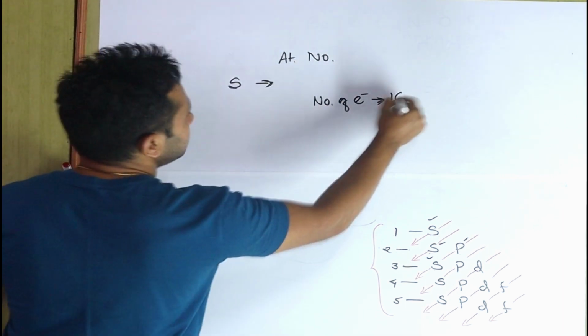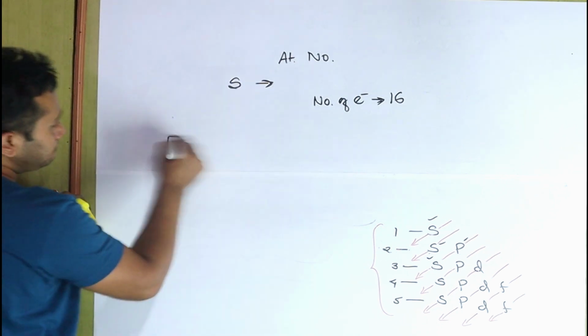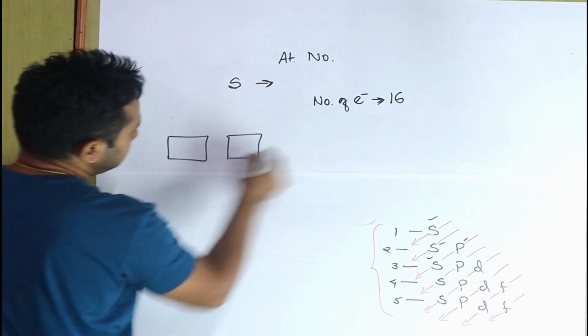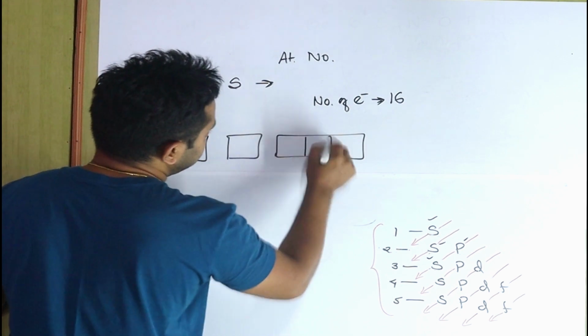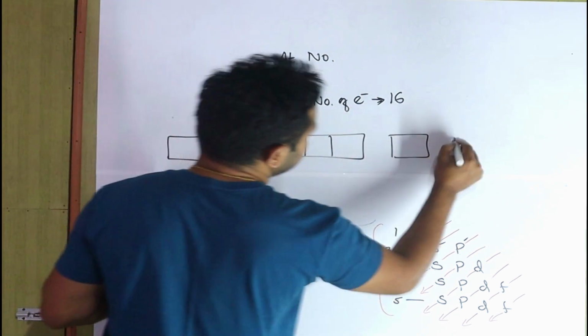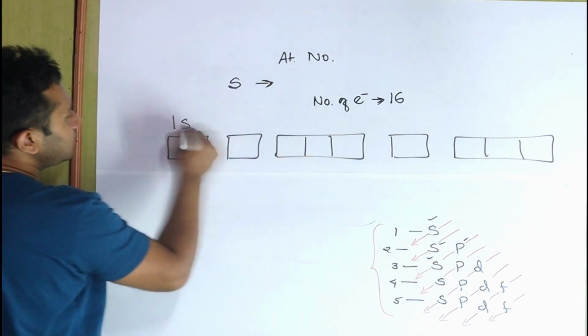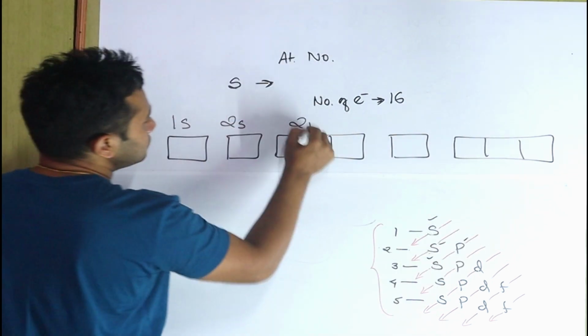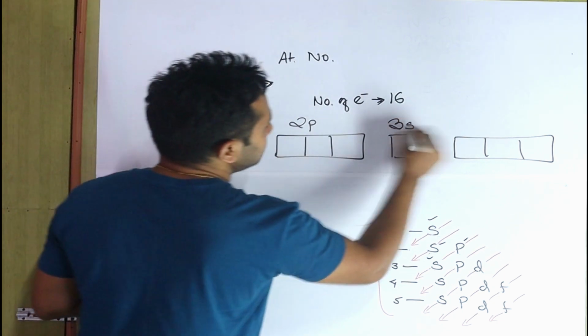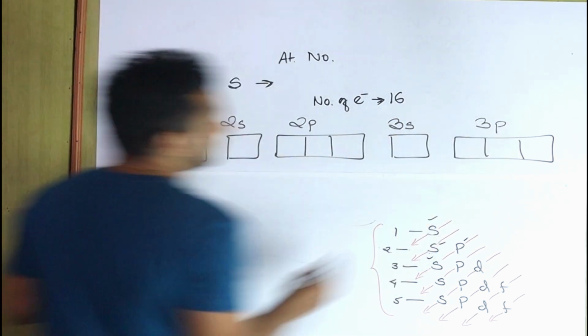Sulfur, atomic number 16. So 1s, 2s, 2p, 3s, 3p.